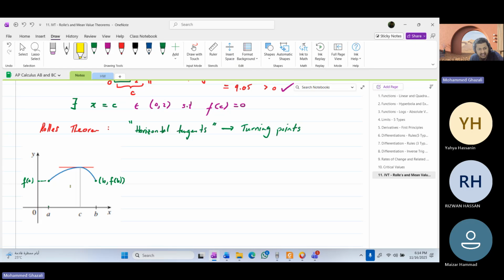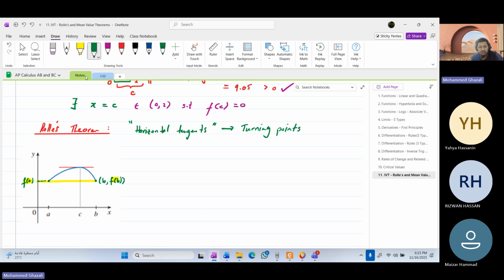So what Rolle's theorem says is that if you have f of A equal to f of B, obviously there are conditions. In other words, the f of A value and f of B value are the same. It means it has the same y value, okay?